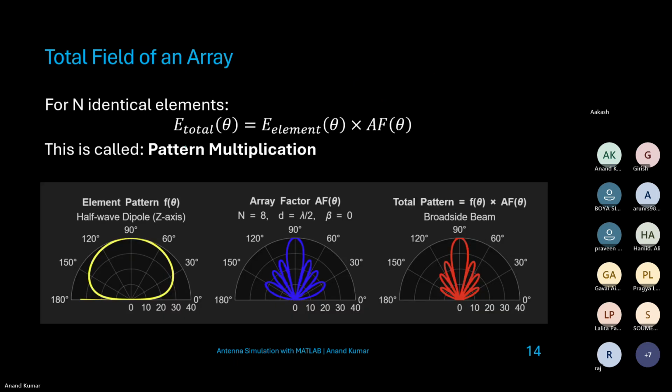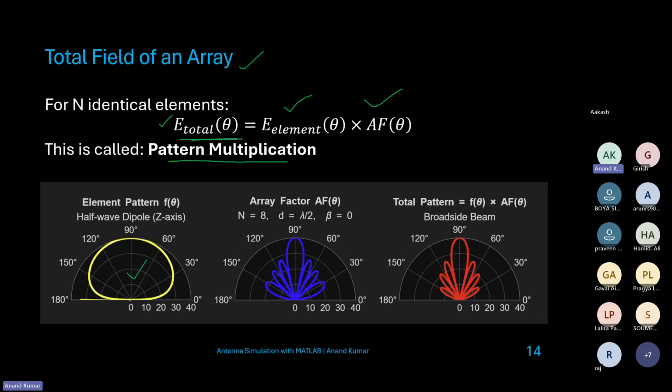Right. So the total field of an array is calculated by doing something called pattern multiplication. You multiply the element pattern with the array factor, and this gives you the pattern of the array. So let's say your half wave dipole has a radiation pattern which looks like this.